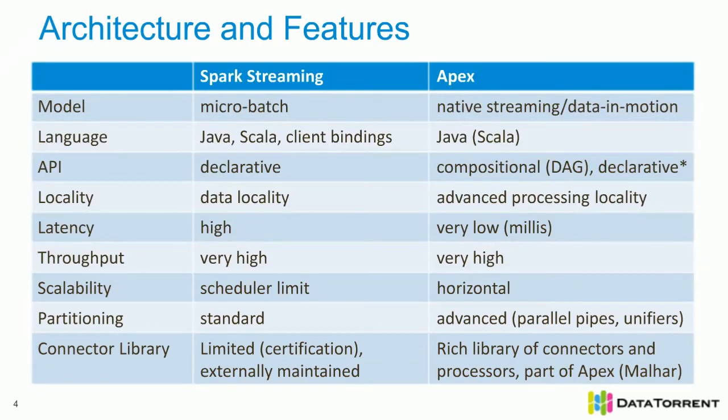We count probably around 75, and besides the Apache ecosystem projects, you have also some of the other systems like MemSQL, of course JDBC for Oracle, things like Vertica, Golden Gate, and JDBC. So a large set of operators. These operators are actually maintained as part of the Apache Apex repository by the community. So when we do a release, those are certified the same way as the Apex engine.